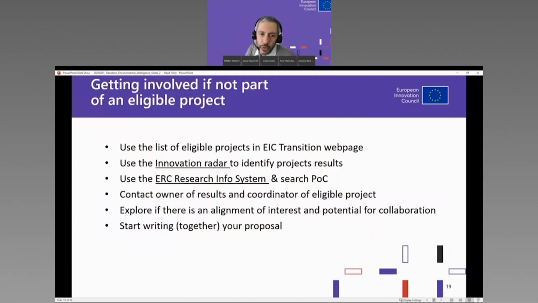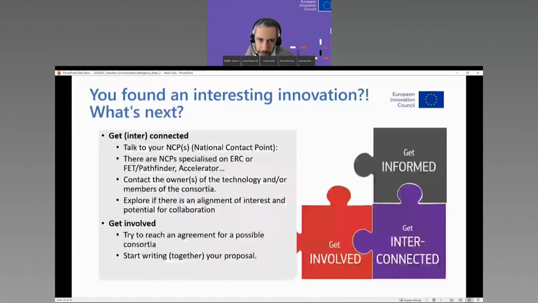Once you use these two tools, you can contact the owner of the results and try to understand if and how you want to work with them, if they want to allow you to use their results, and if needed, write your proposal together. And if you have something that could be valued and you don't want to keep working on it, there is the opportunity that someone else could ask you.